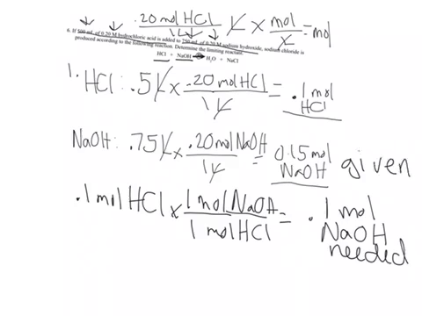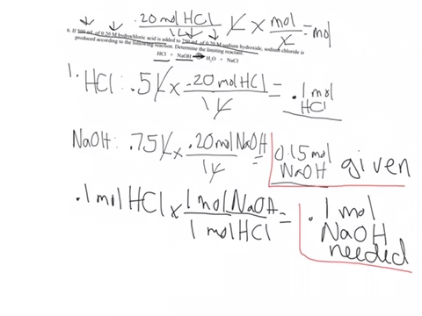Well, we're going to compare those two numbers. We need 0.1 moles of sodium hydroxide for a complete reaction. We have 0.15 moles of sodium hydroxide given. Well, since our given is greater than what's needed, that tells us that sodium hydroxide is in excess, it has leftover, and hydrochloric acid is going to be our limiting.